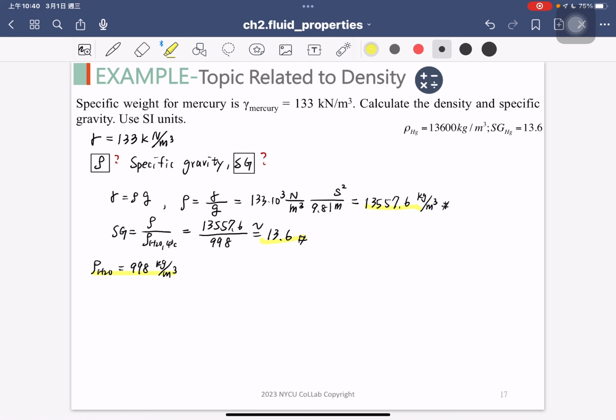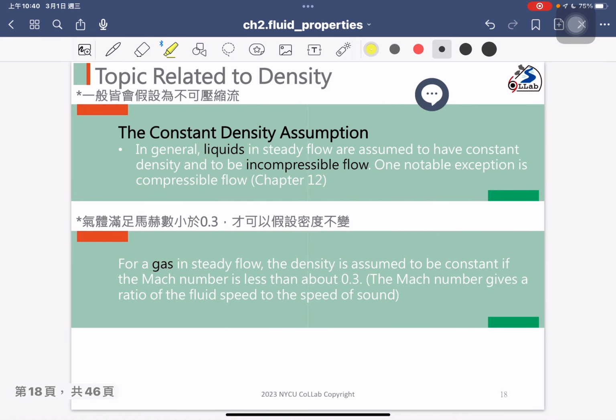Okay, for our problem. Another topic related to density: sometimes we say the liquid cannot be compressed. We call this the constant density assumption. We assume the liquid cannot be compressed, so we call that incompressible flow.